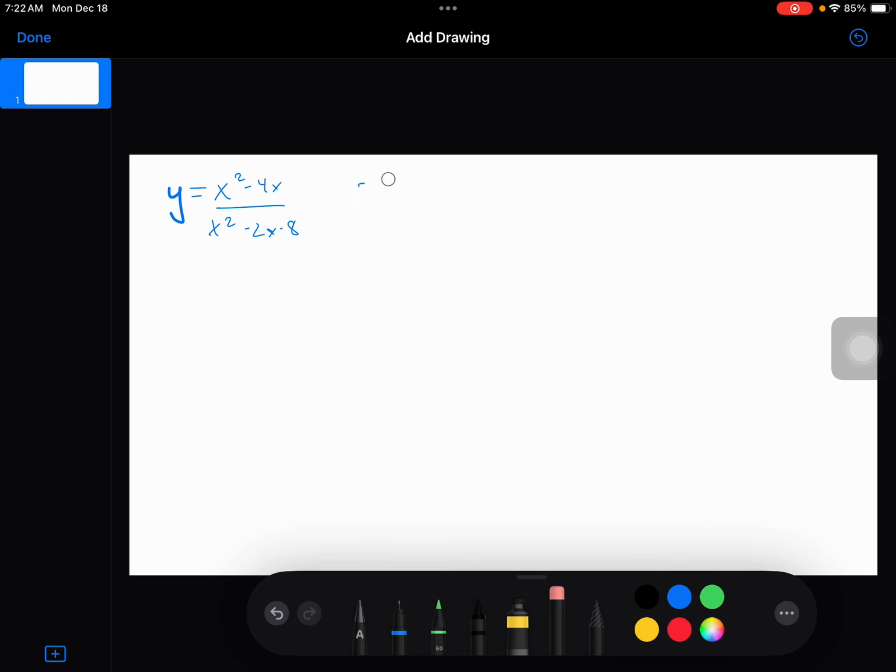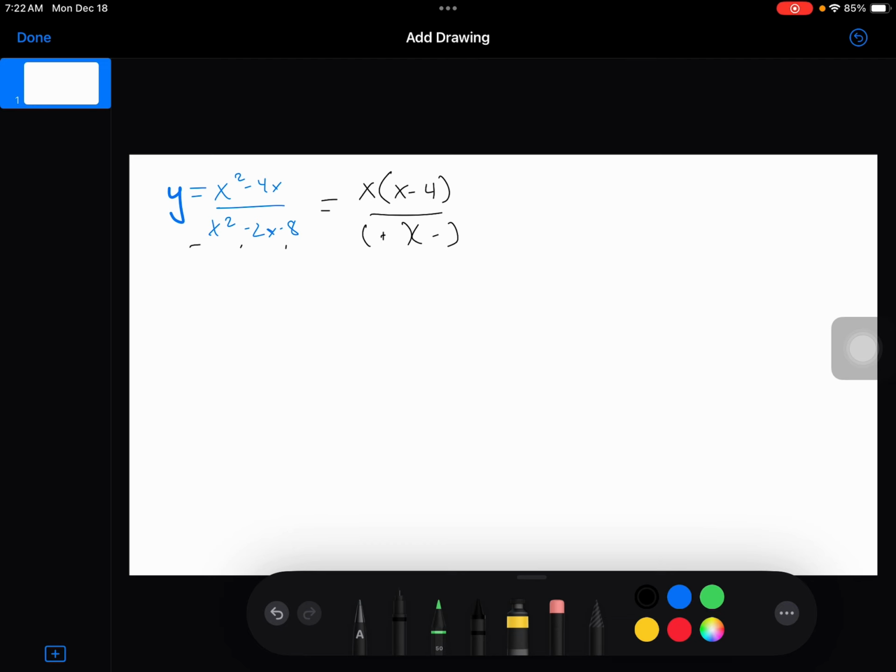Now if you're working these by hand, the first thing you got to do is try to factor out common factors from the top and bottom, see if you have any removable discontinuities. So let's take out an x on top and we get x minus 4. And on the bottom you got a factor. This is a pretty simple one. We got minus minus outside parentheses, so we're going to have a plus minus.